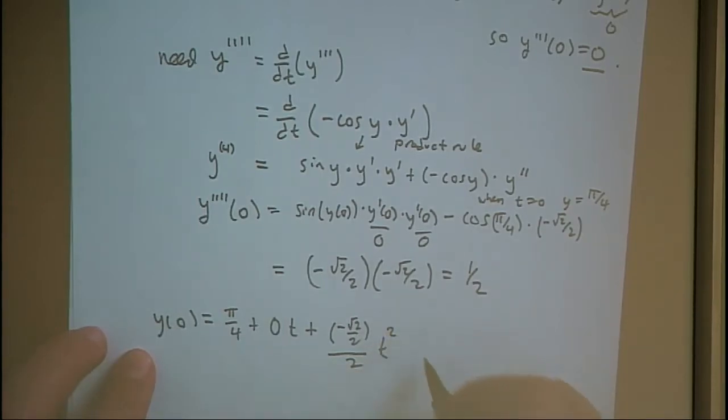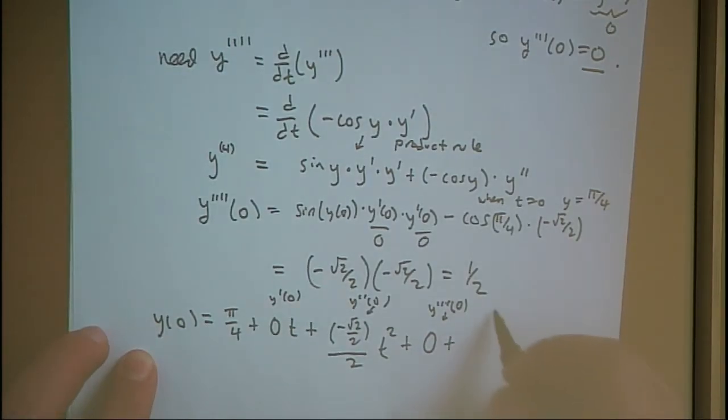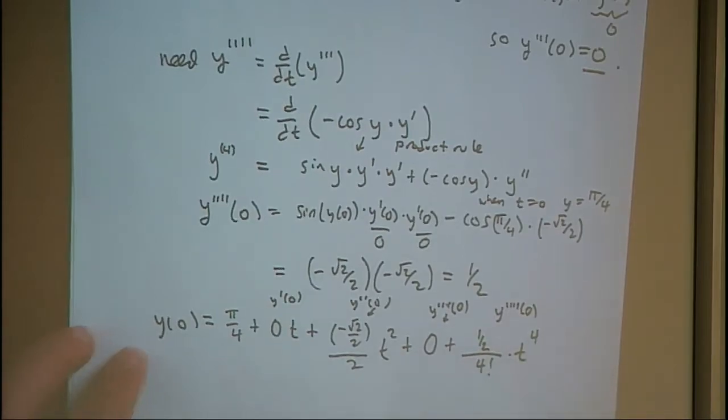T squared plus 0. Y triple is 0, so it's y prime of 0. This is y double prime of 0 here. y triple at 0 we saw was 0. So I'm not going to continue writing the rest of that. Y to the 4th at 0 was not 0, it was a half. I need to divide by 4 factorial, multiplied by t to the 4th.